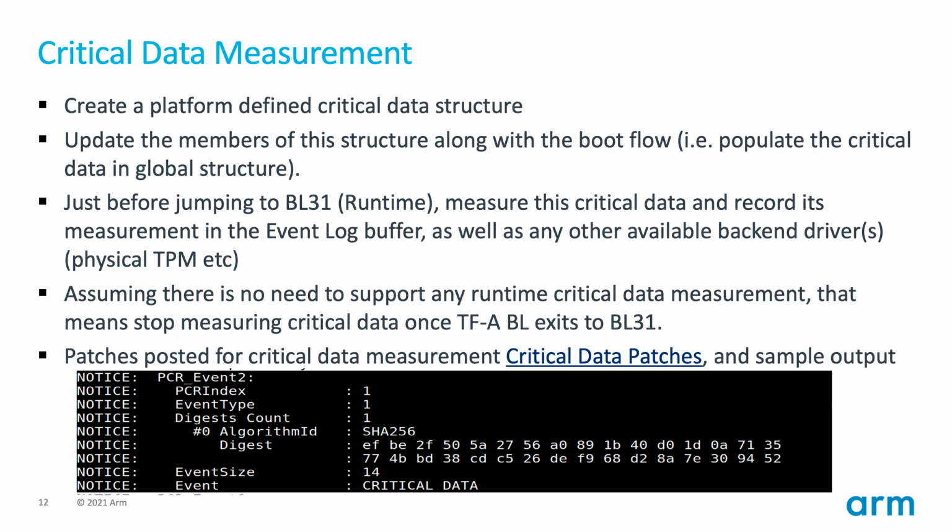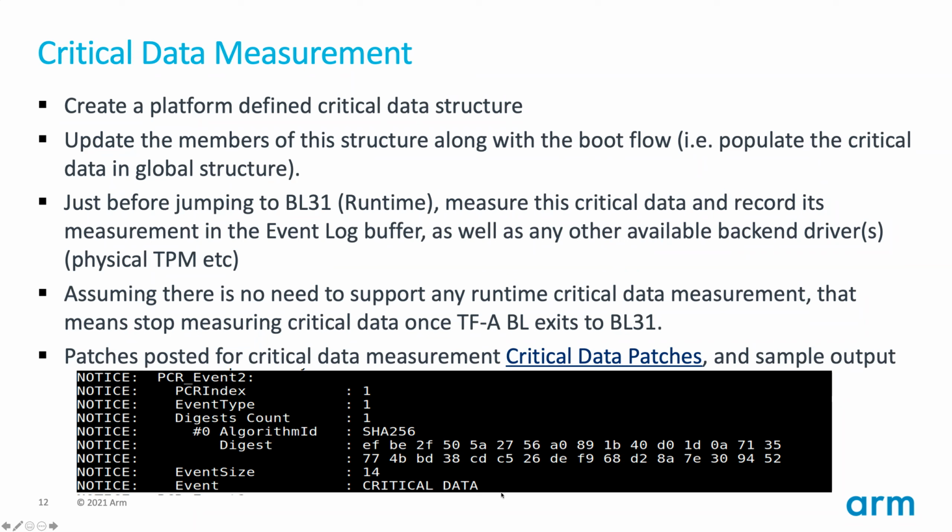I'm assuming that no runtime critical data measurement support is needed as of now. Once BL2 jumps to BL31, all the critical data measurement has been done, and at runtime we don't have to do any measurement of the critical data.